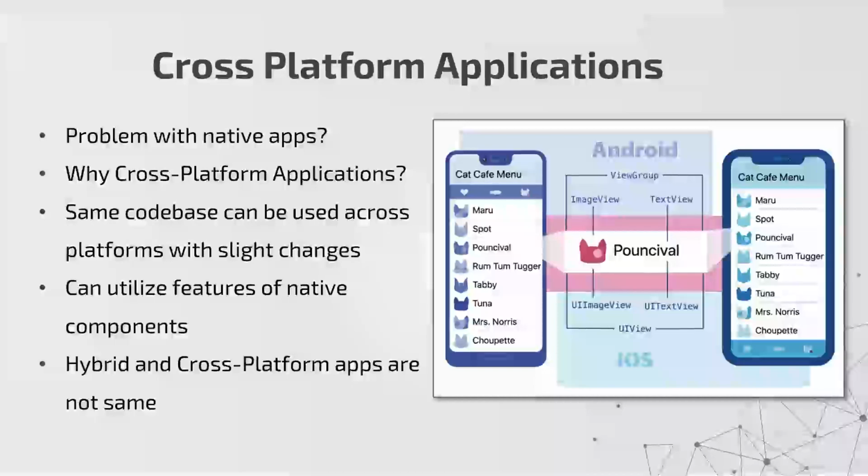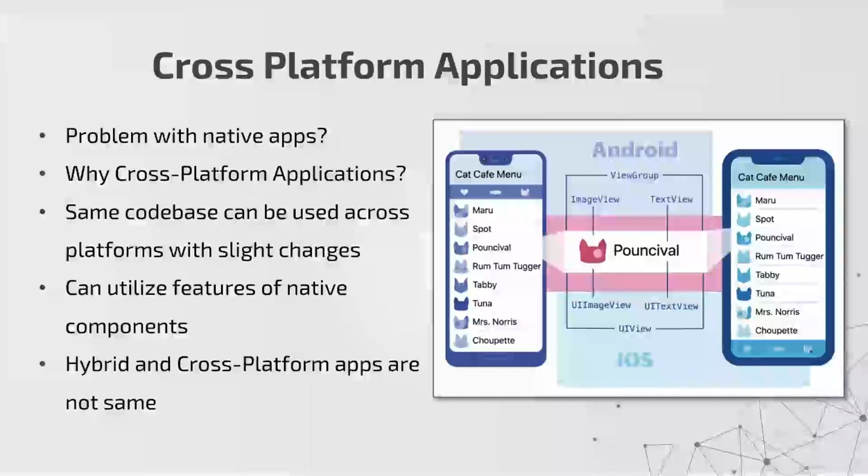There is little to no difference between Android and iOS features. You just need some UI, a product page and all these things. So having two different teams is time consuming, and it's also costly for a small organization. That's why cross-platform applications come into the picture.